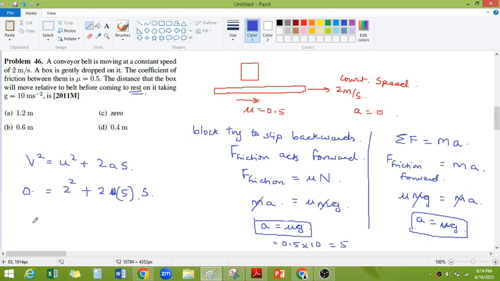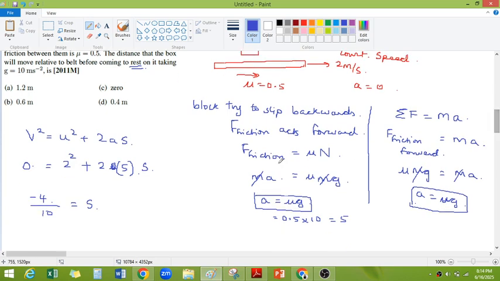So this will become minus 4 divided by 10, which is 0.4. So that's your answer.